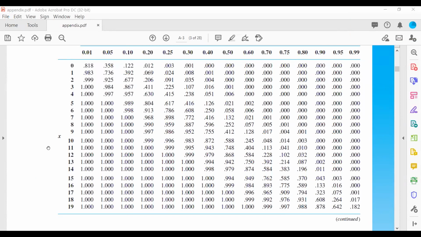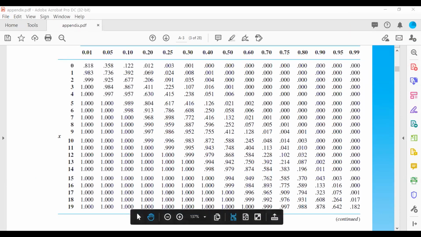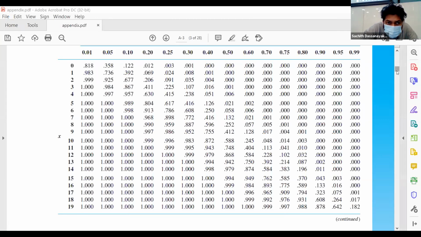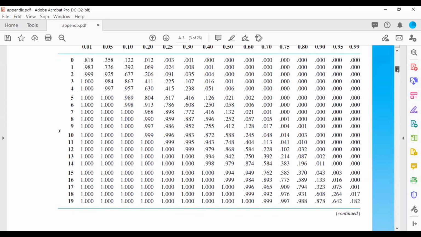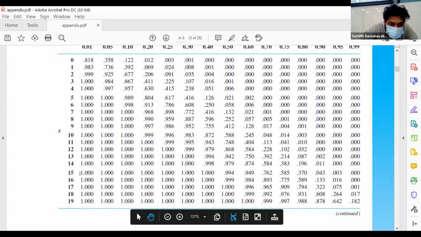So for the current table, if we are asked for x equals 15 when the probability is 0.10, we have to find it. Okay, check this one. So will it be 0?